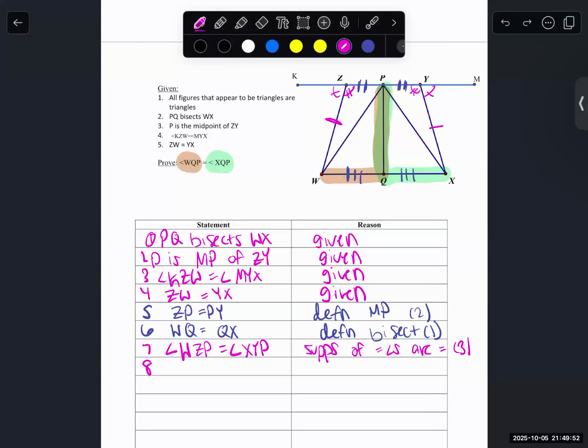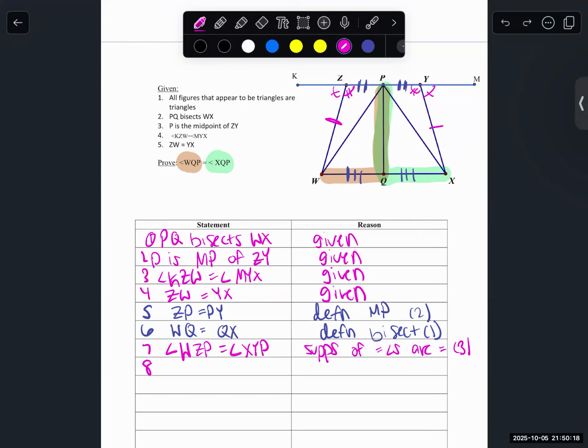But look at the stuff I already have on this triangle. I have enough to say that those triangles are equal. You might say, okay, Miss Verse, why is that helpful? Because when you prove triangles equal, that opens up the world of CPCTE. Once I do that, I can CPCTE those sides, and the triangles are almost equal, and then we can say that the angles we want are equal too.